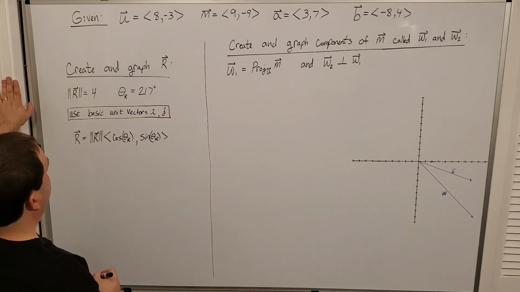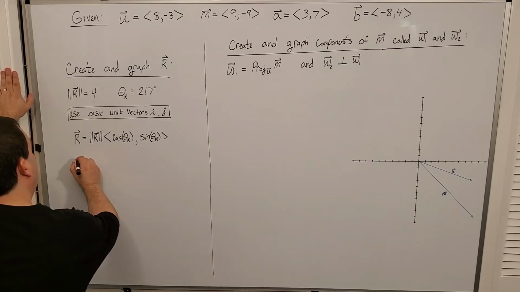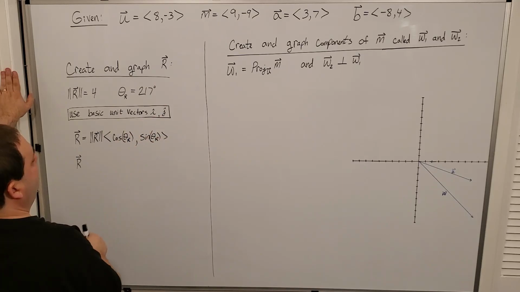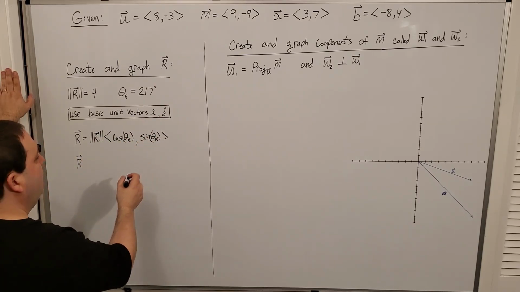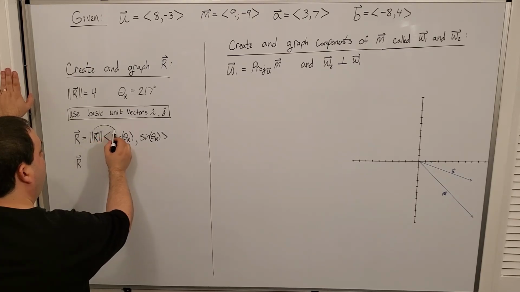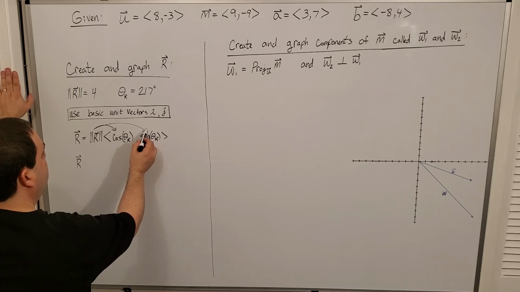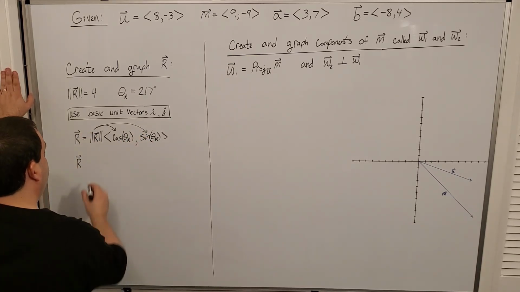Like so. Okay. So then I'll just go ahead and create the r vector. But remember, we want to do it in ij format. So I'm going to actually do the scalar multiplication where I multiply the magnitude times the cosine and then the magnitude times the sine, and then I'll put it in an i and a j, right?